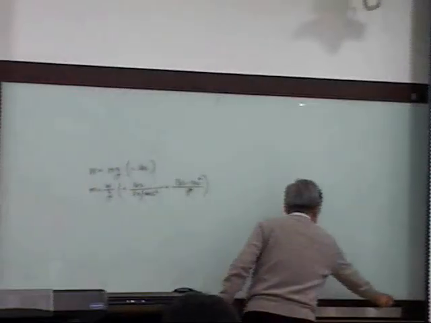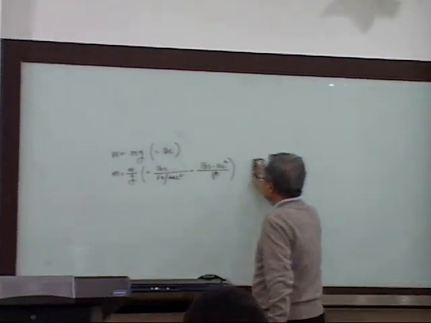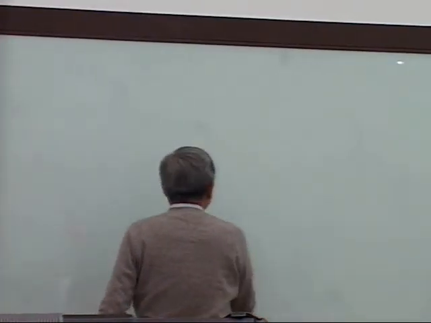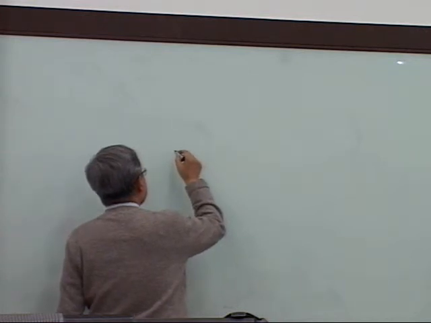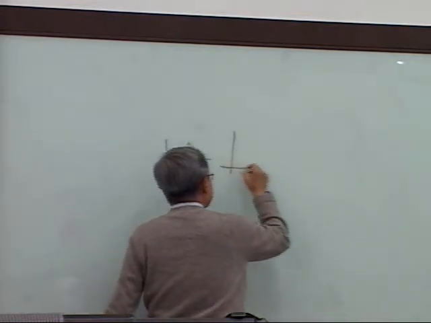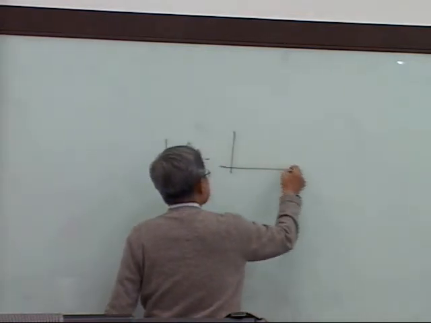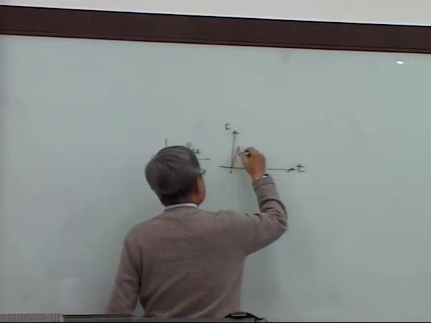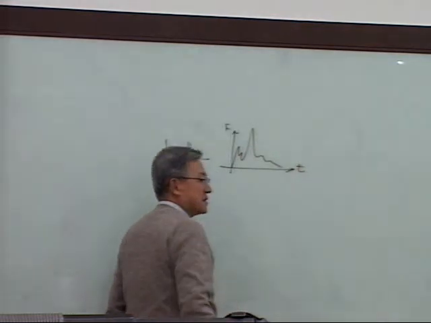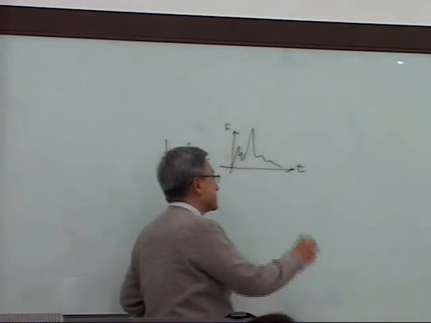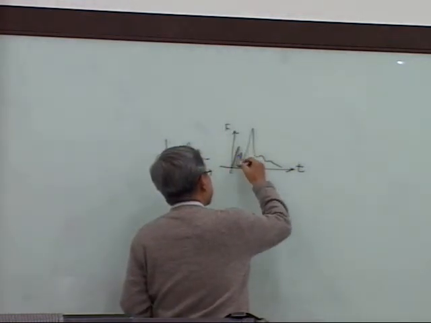Impulse. Simply speaking, this is time t, and this is like a force. Let's assume like that. Impulse is the area under the curve. Area is important.